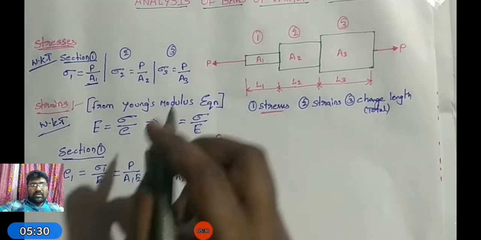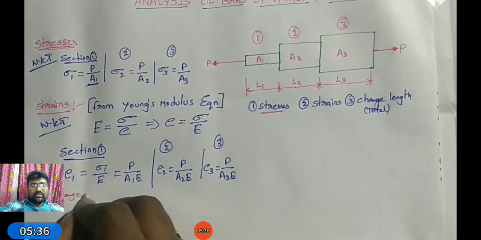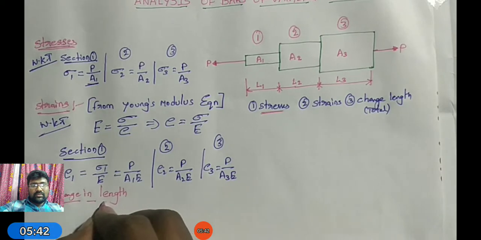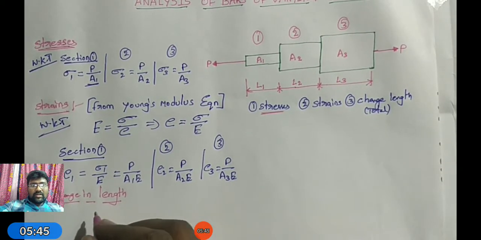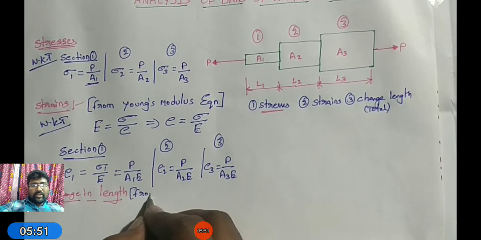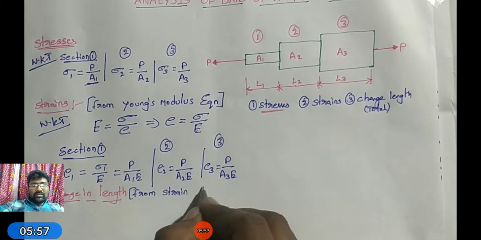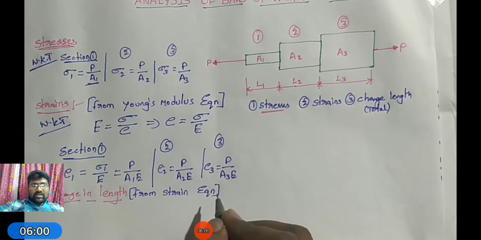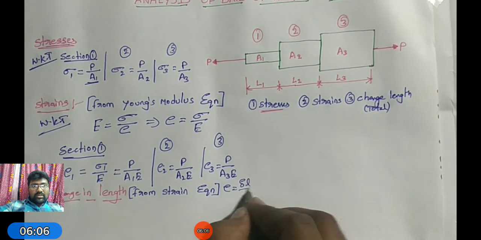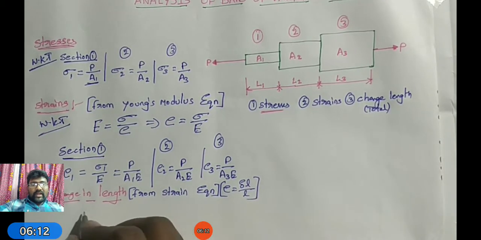Next, we need to calculate change in length, that is delta L, due to the applied load. From the strain equation, strain equals change in length by original length. From this equation I am going to calculate change in length.